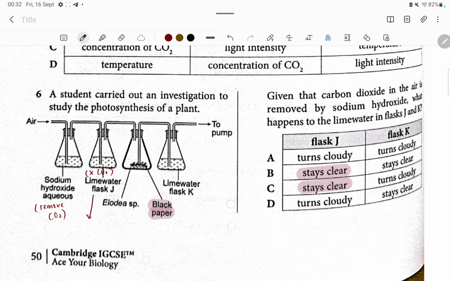Okay, and then this one here has a plant, which means photosynthesis occurs. It means that carbon dioxide is present. So here they will turn cloudy. And then you see which answer is correct for both flasks. C. So the answer will be C.